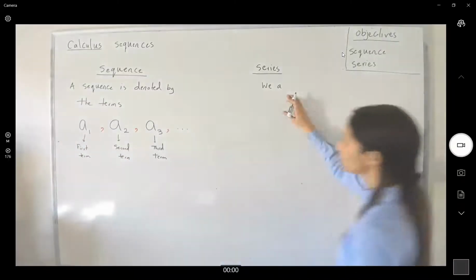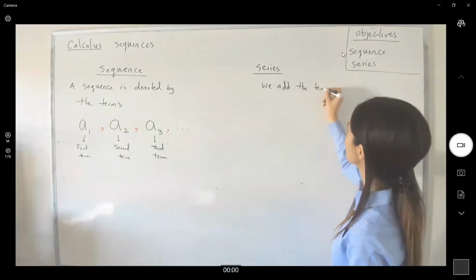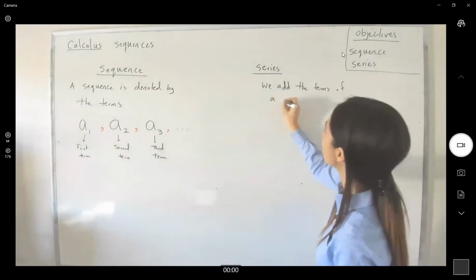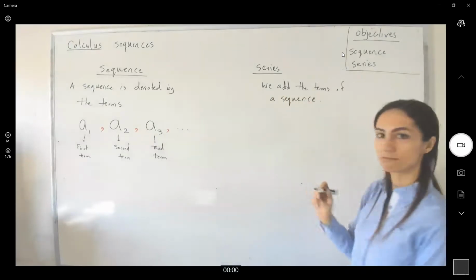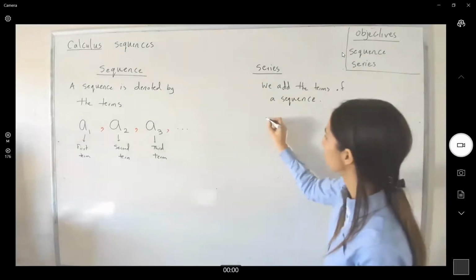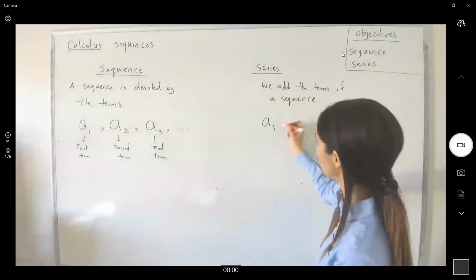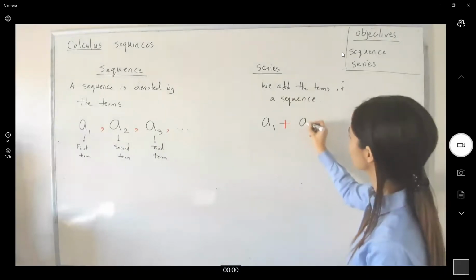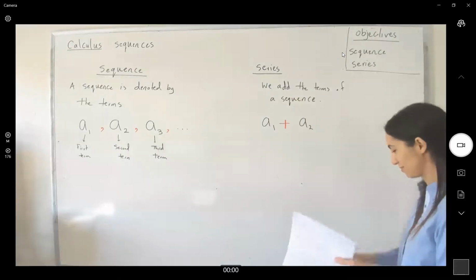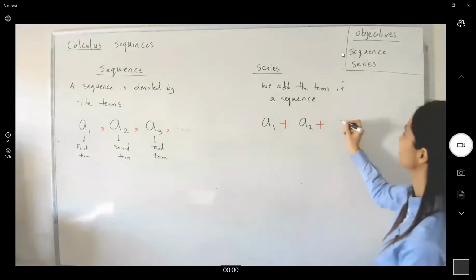So we add the terms of a sequence and we define a series. So the terms a sub 1 plus a sub 2 plus a sub 3 plus the rest of them.